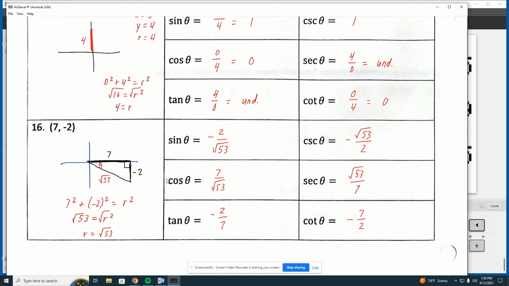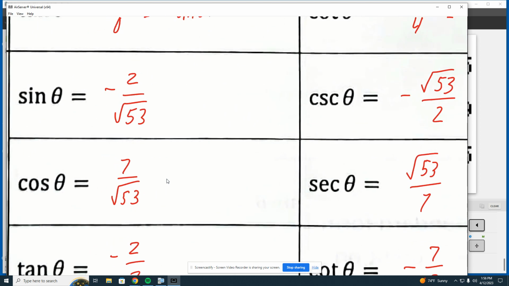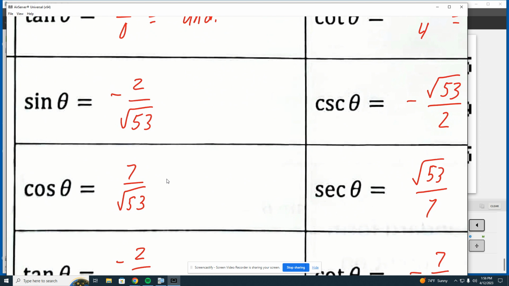Now, there is one thing that I told you. If you leave them like this, I'm 100% fine with it. But remember, math, for some reason, has never really liked radicals in the denominator. So you could multiply by the square root of 53 over the square root of 53, and that will equal negative 2 square root of 53 over 53.